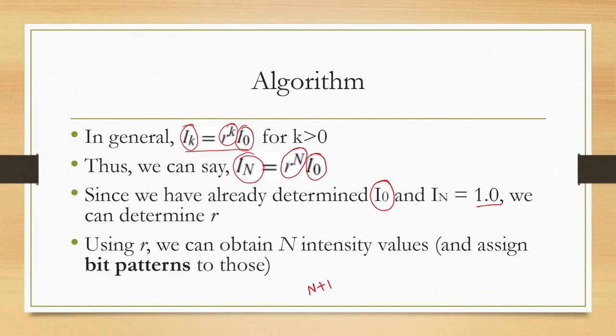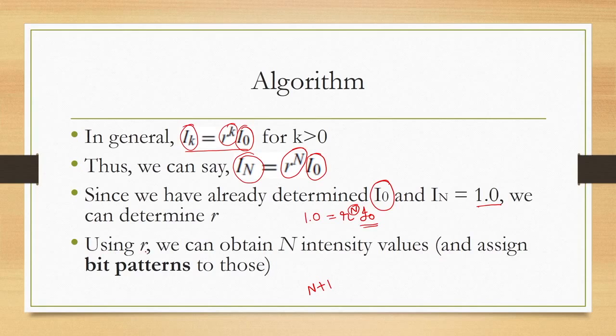by solving the equation 1 equals R to the power n times I0, where we know the value of I0 and we know the value of n from the total number of intensity values supported by the device.